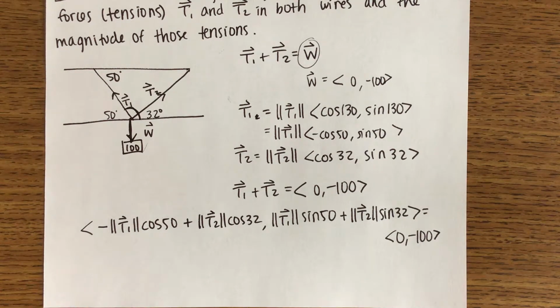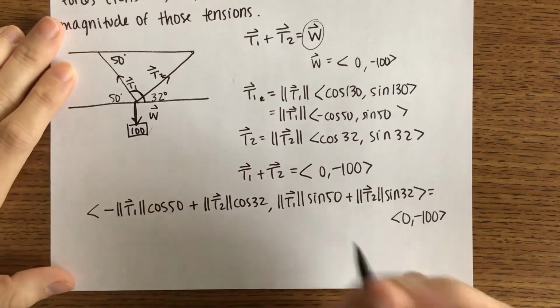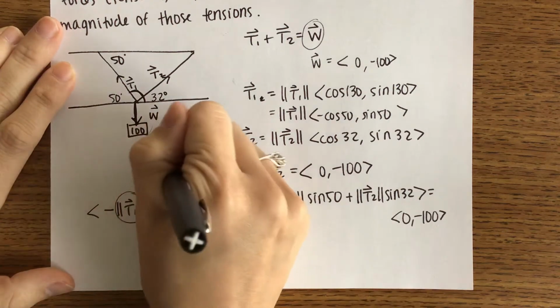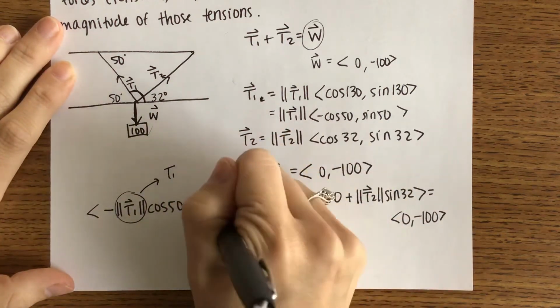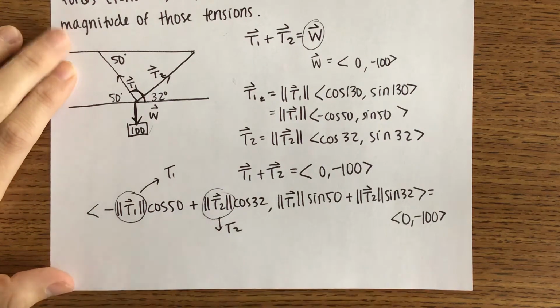Okay, ideas for solving this. What do we have? It's a system. Yeah, it gives us two pieces of information. We have the x-coordinate, we have the y-coordinate. I'm just going to call this from now on T1, and this T2, so I don't have to keep writing the magnitude sign.